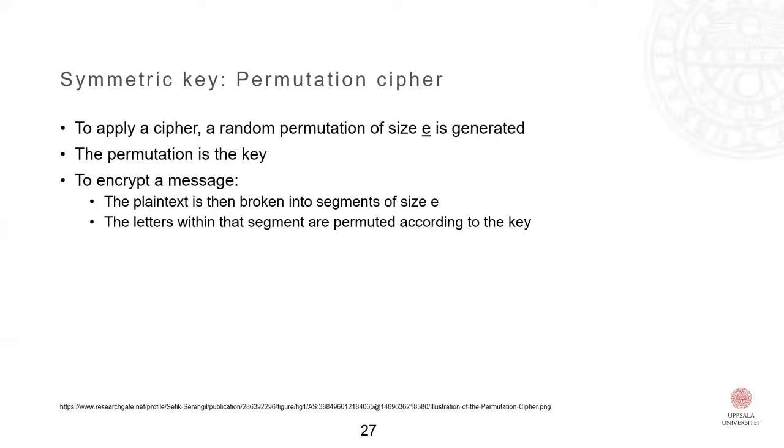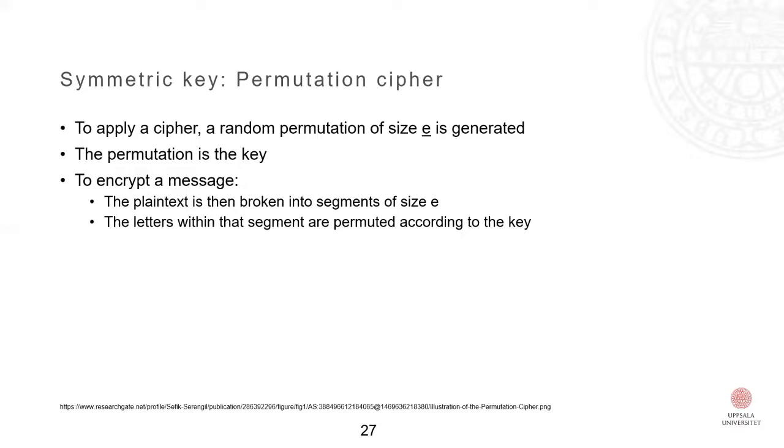So you break your text into chunks of 4 characters, and in each chunk, you permute all the letters according to a key. For example, maybe your key is to replace the first letter with the last letter and replace the second letter with the third letter, something like that.